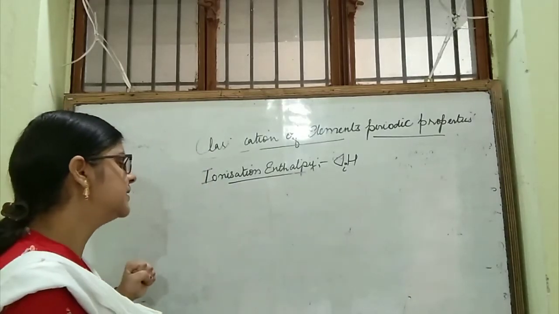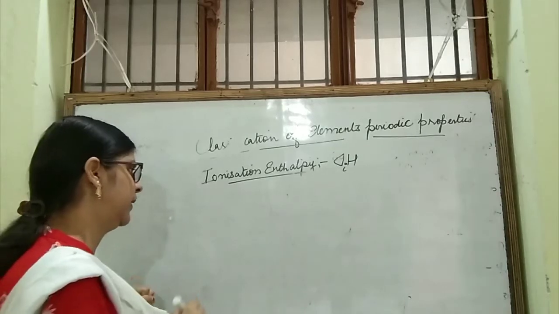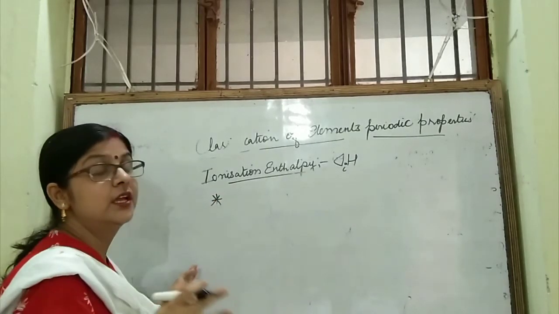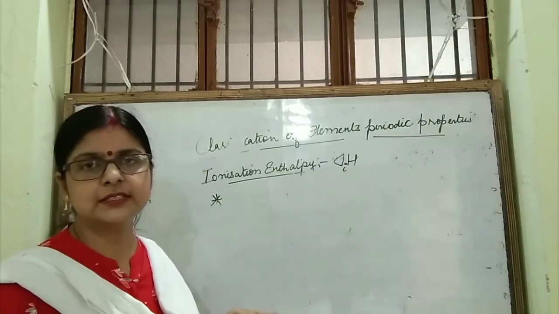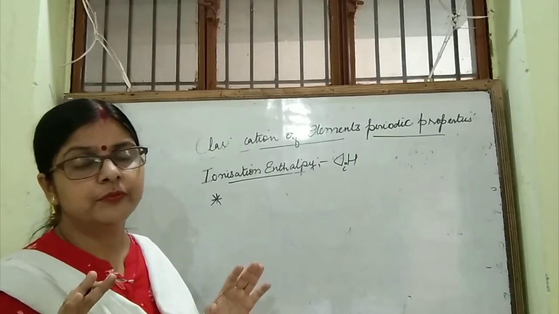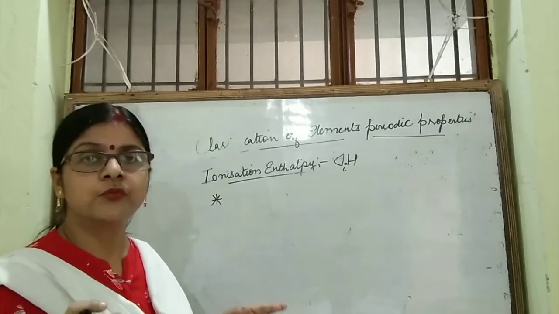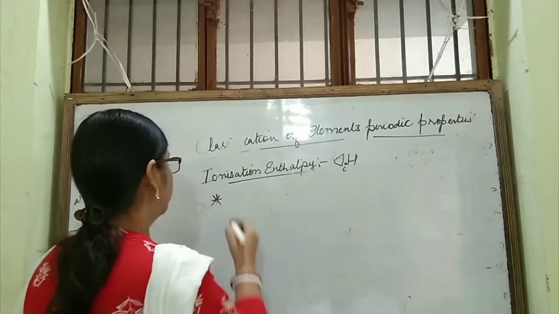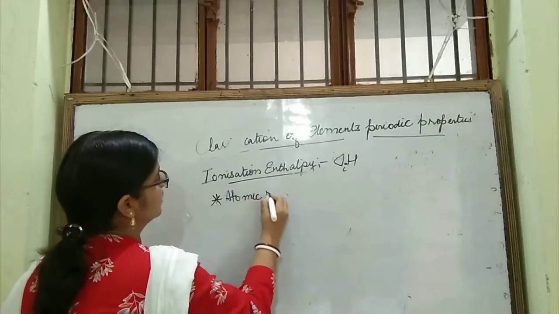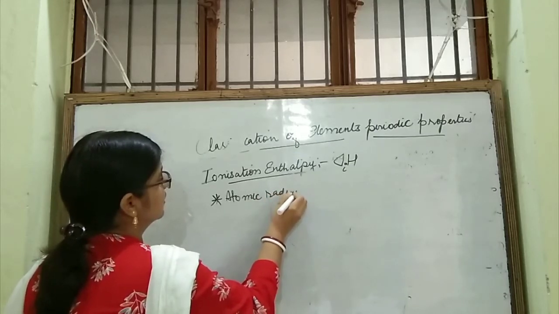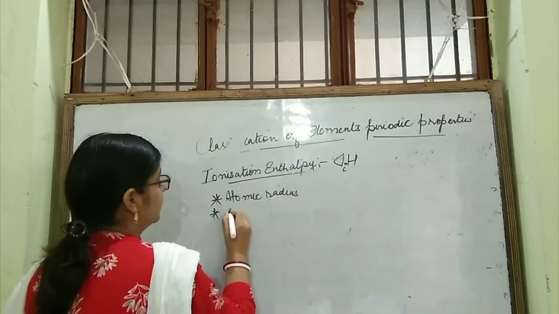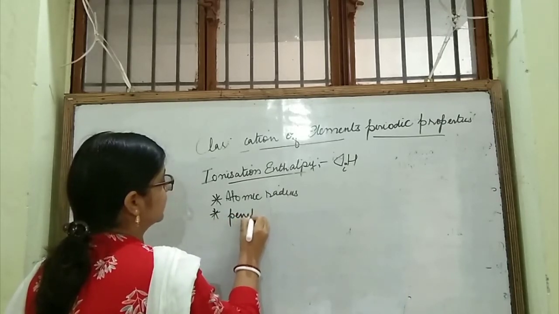On what factors does this ionization enthalpy depend? I am discussing some very important factors. There are some other factors also present which play a role from time to time. First is atomic radius. Second, penetration effect.